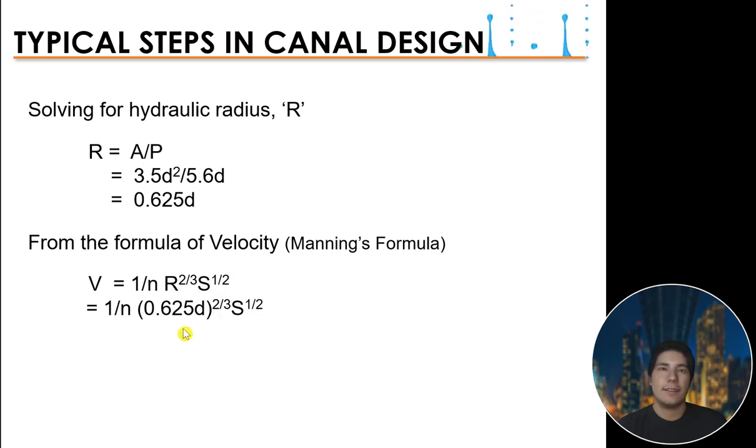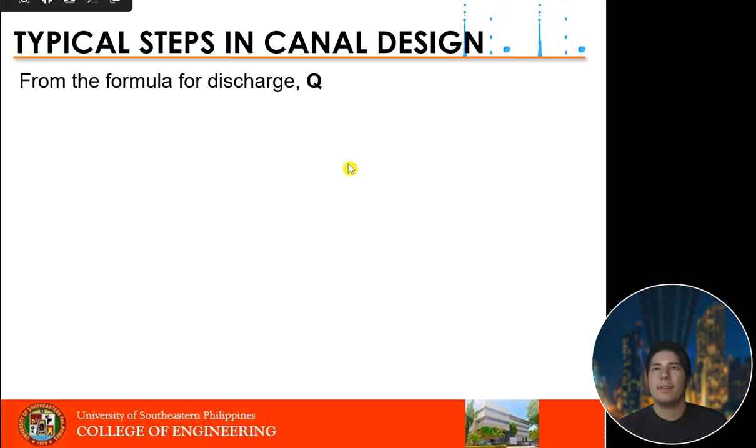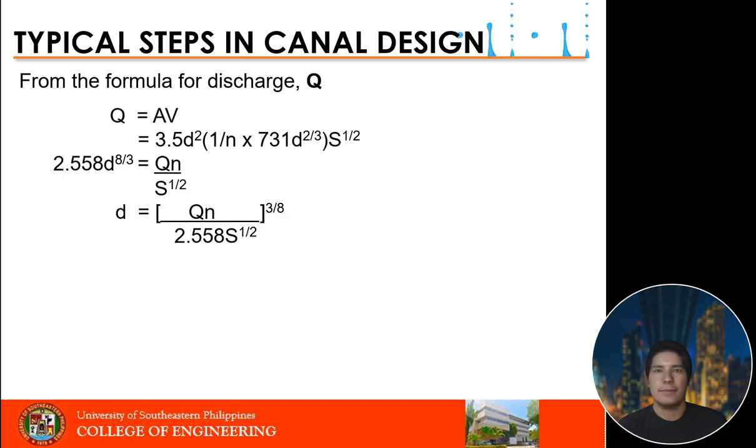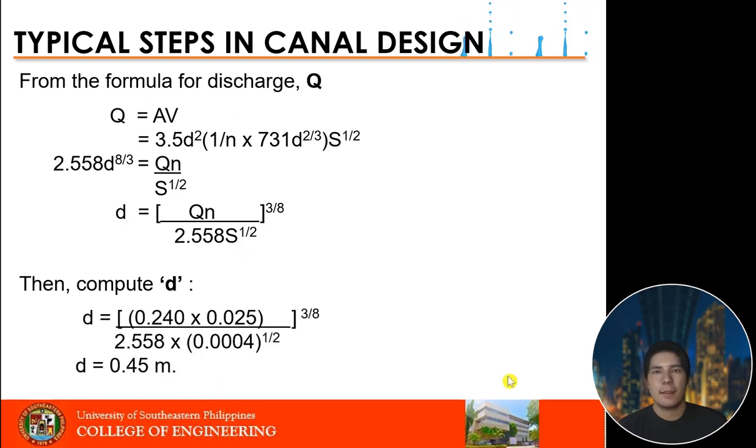So we just need to substitute the value of our hydraulic radius and slope. Okay, from the formula for the discharge Q, area times velocity, we just need to substitute our velocity from earlier to compute for the value of D. So we just need to substitute the value of Q, the value of n, and the value of slope.